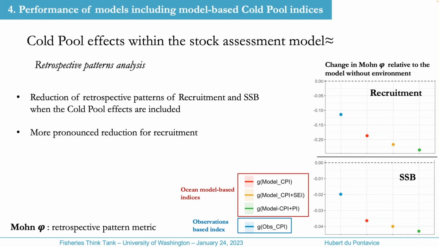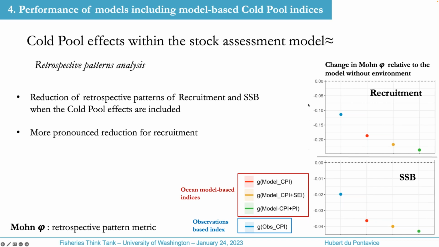You can see on the figure that all the changes are negative, which are the colored dots. Thus, the retrospective patterns of recruitment and SSB are reduced when cold pool indices are included, and this reduction is more pronounced for recruitment than for SSB.